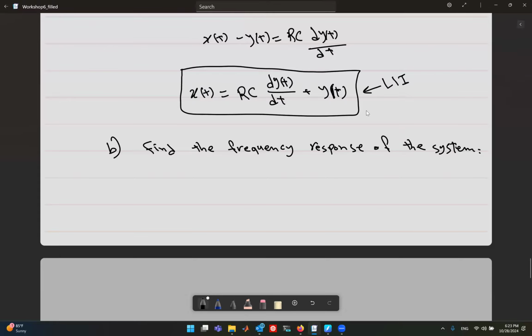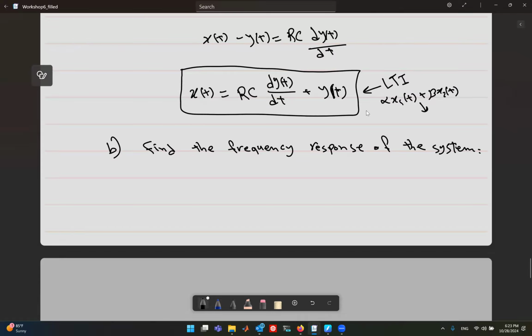do you remember how to check if a system is LTI or not? Make sure it's stackable and scalable. We basically put the input as alpha x1 t plus beta x2 t.